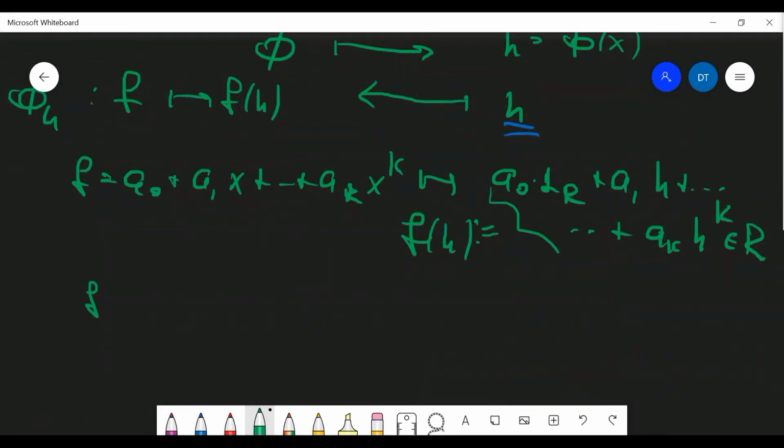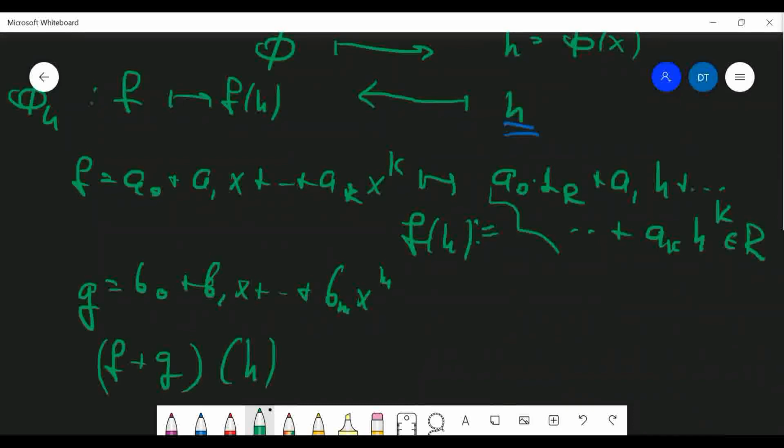So it preserves the sum and multiplication of the polynomials. If you have a different polynomial g, b0 plus b1x plus etc. plus bm x to the m, then you may take a sum of polynomials and then substitute h. This will be the same as substituting h in each polynomial and then finding the sum.